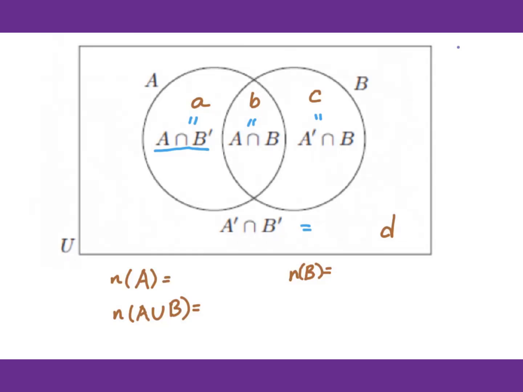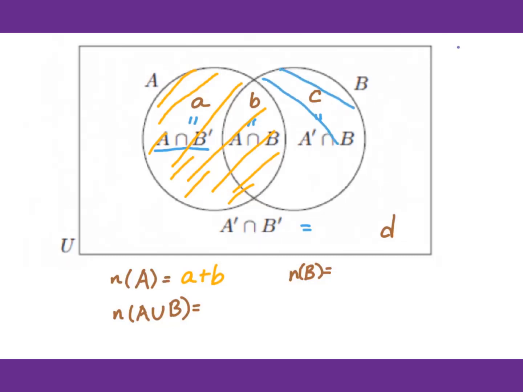So we try to find how many elements are in A. A will be the whole circle. Therefore, the elements will be a plus b. How many elements in B? B means the whole circle.